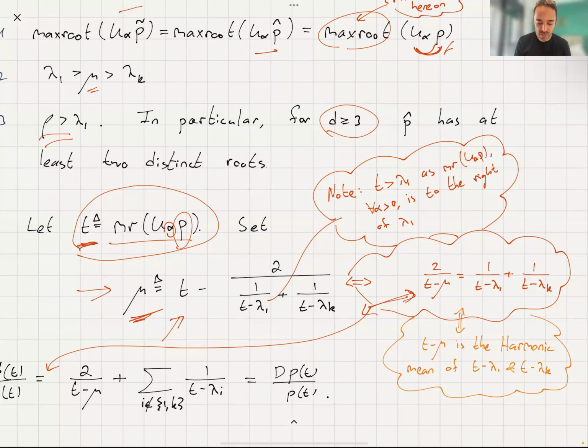So by definition, T is larger than lambda 1, and therefore this is positive, and lambda 1 is strictly larger than lambda k, so this is also positive. Okay?